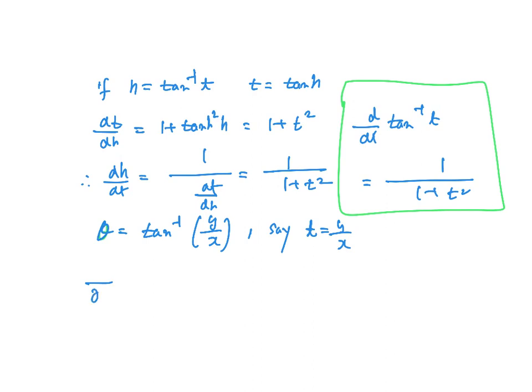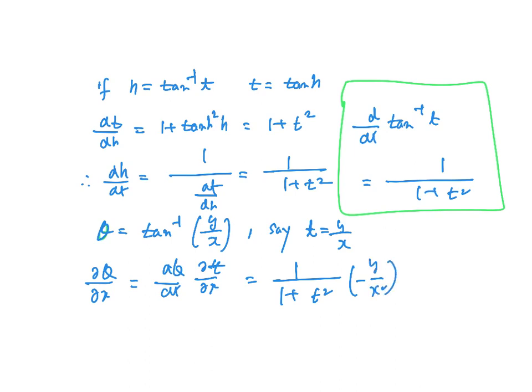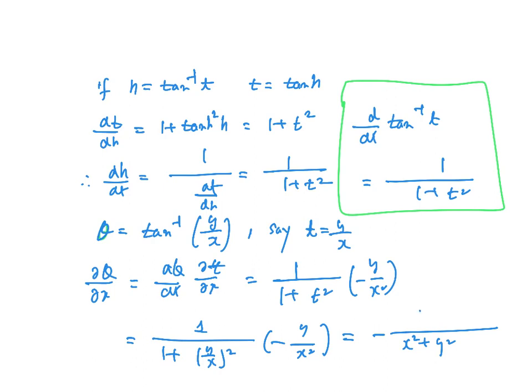Then partial theta partial x is dtheta/dt times partial t partial x, which is 1 over 1 plus y over x squared times minus y over x squared. Let me check. That is x squared over x squared plus y squared times minus y over x squared, which is minus y over r squared, which is minus sine theta over r.